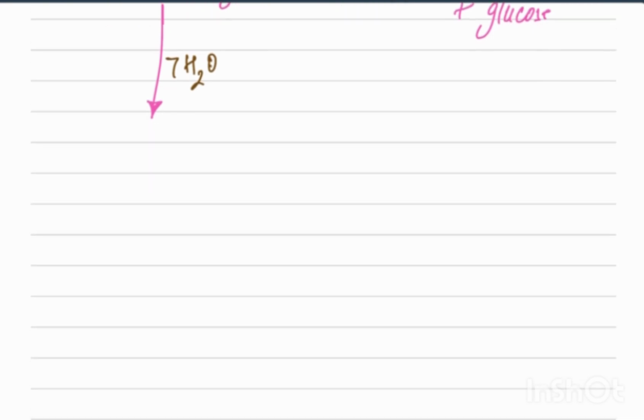So that's why we will get the products. Now if you see, overall the weight of the total product will be 1024 plus 7 into 18, which will be 1150 gram per mole.